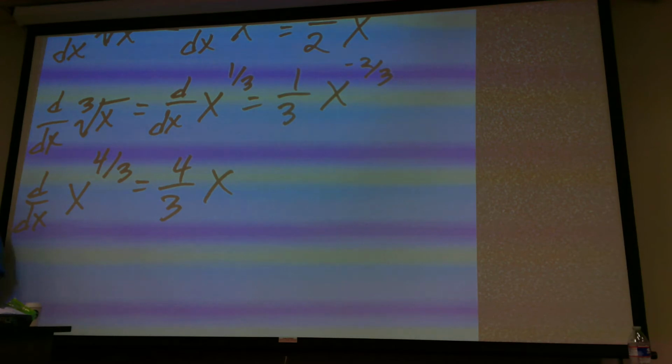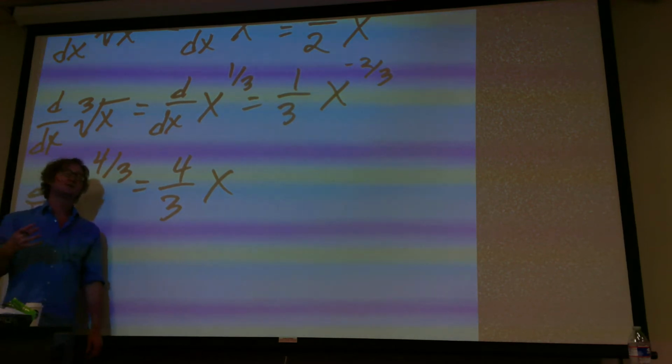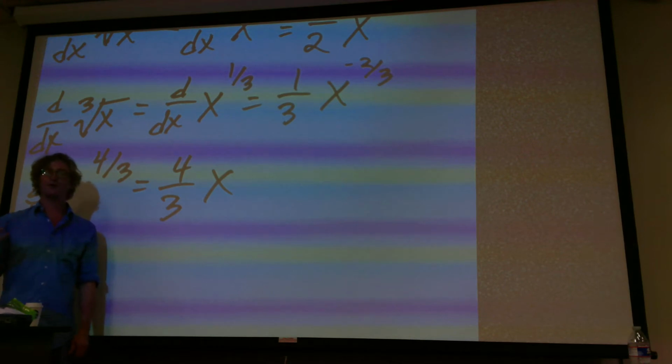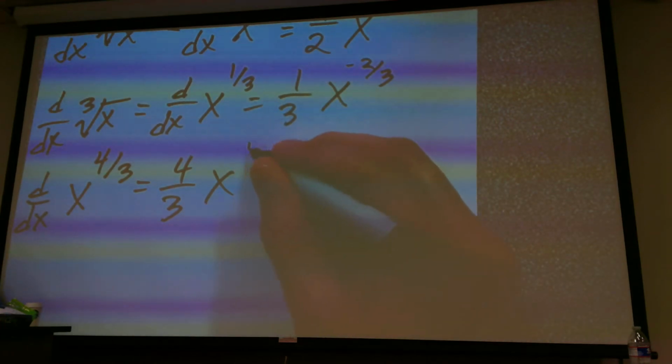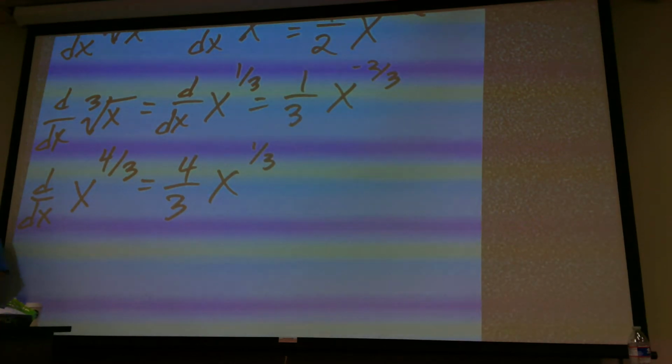Okay. Then we have to think, what's 4 divided by 3 minus 1? That would be 4 over 3 minus 3 divided by 3, which would be 1 divided by 3. Okay, so you can do this with fractions. There's no issue with it.